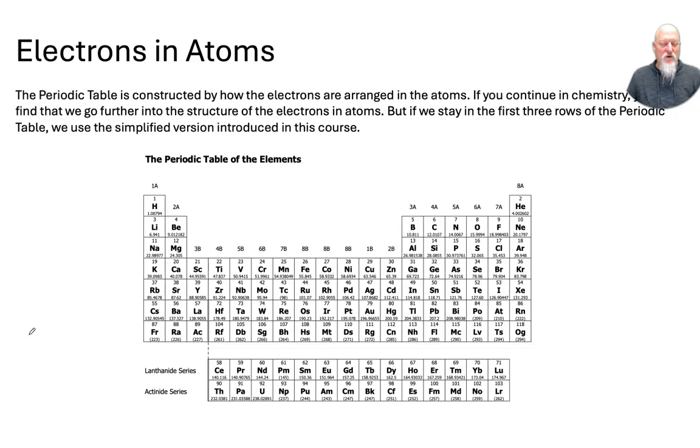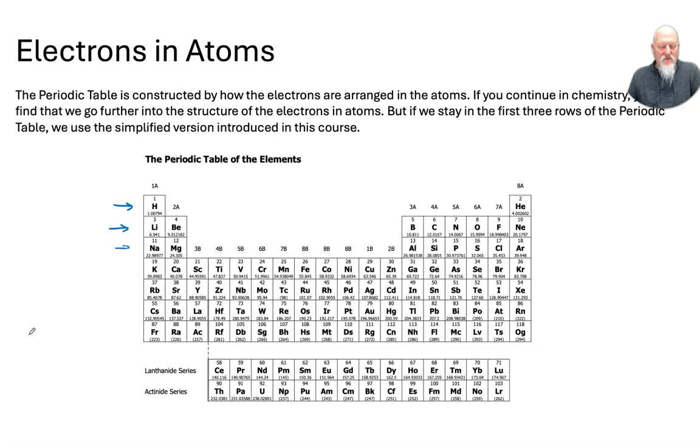If we look at the electrons in atoms, we can see that in the n equals 1 level, we have hydrogen and helium. In the n equals 2 level, we have lithium, beryllium, boron, carbon, nitrogen, oxygen, fluorine, neon.